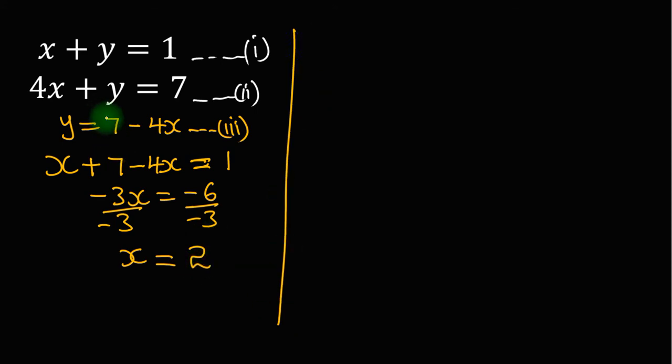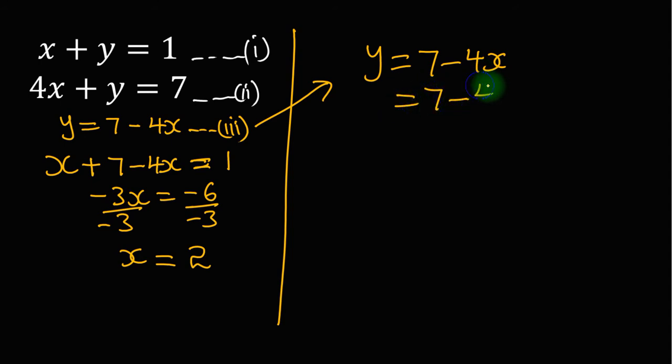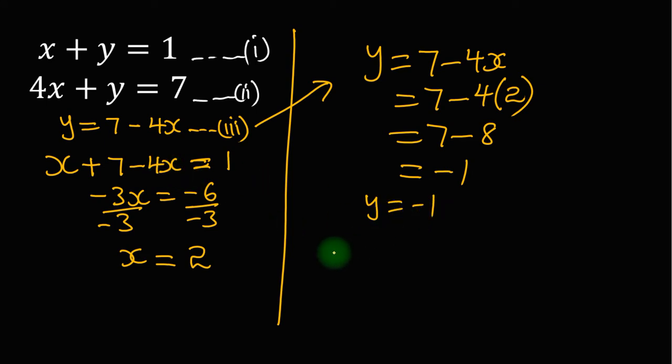Therefore, we know the value of x, so we can substitute into equation 3, and that is y is equal to 7 minus 4x. So 7 minus 4 multiplied by x, which is 2. So we get 7 minus 8, which will be minus 1. Therefore, y is minus 1. In general, x is 2 and y will be equal to minus 1. If you try to substitute into the equation, you will get that it is true.